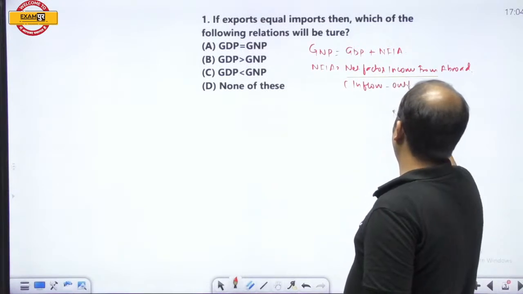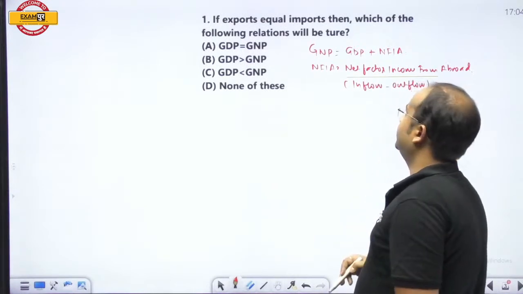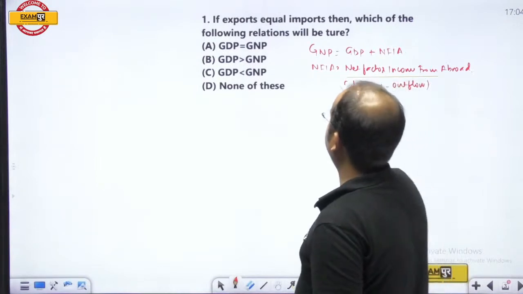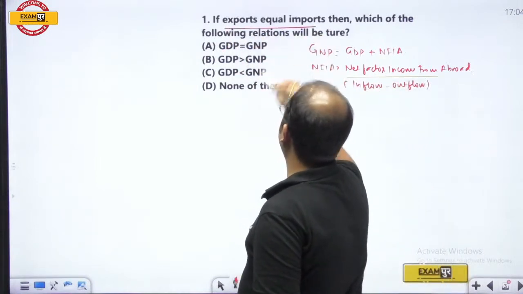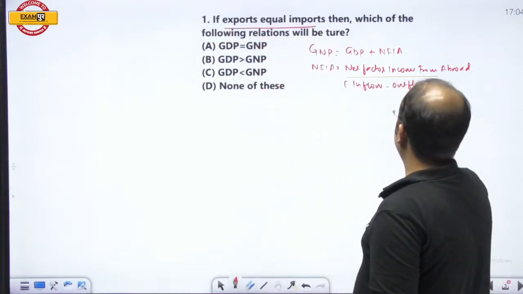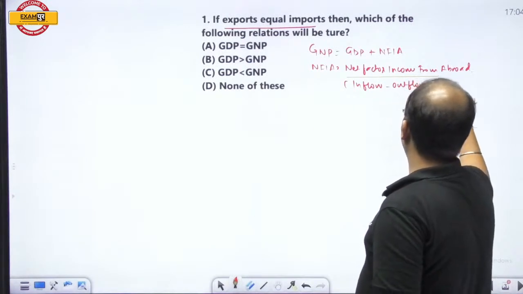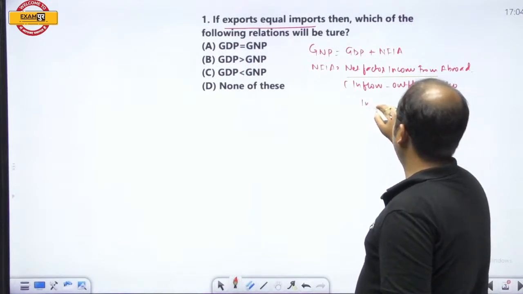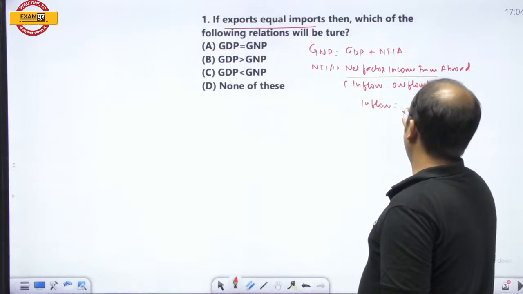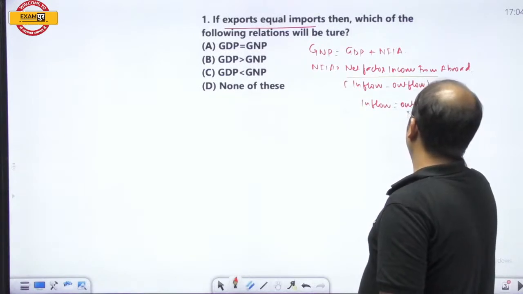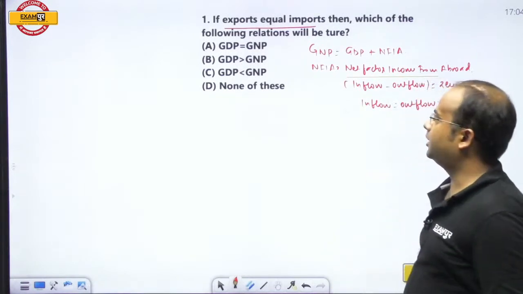And if export and import are equal, so if inflow and outflow are equal, NFIA will become 0, because the inflow of money is equal to the outflow of money.